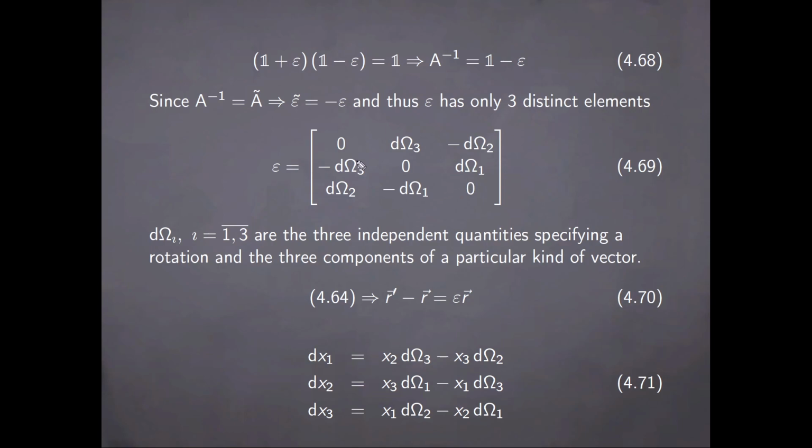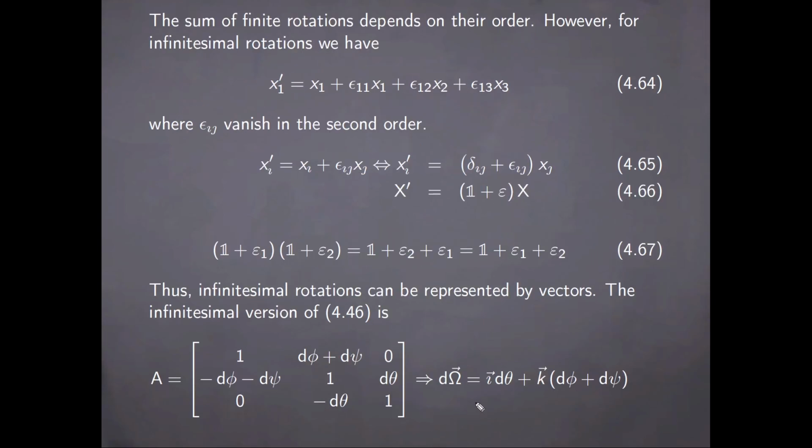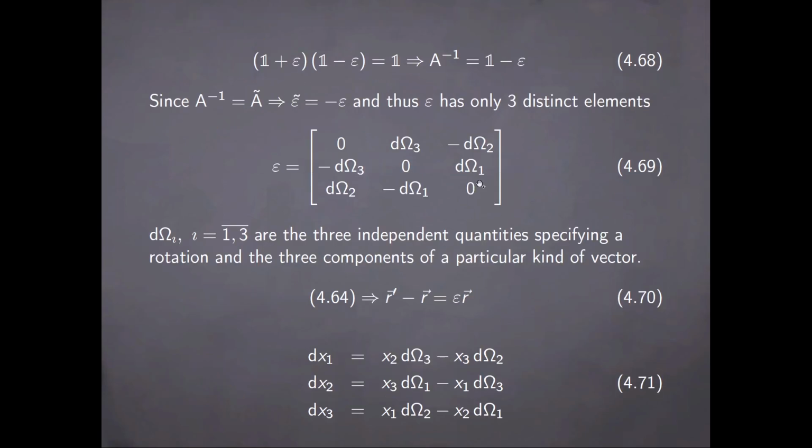And you can see that if we write it in this particular form, then the three components of the vector omega are in fact those given here, assuming that these components correspond to the x, y, and z axes. So these three numbers, delta omega i, are three independent quantities specifying a rotation and the three components of a particular kind of vector.